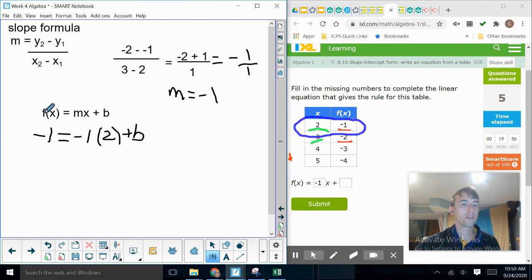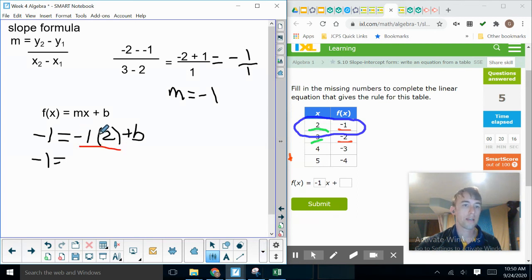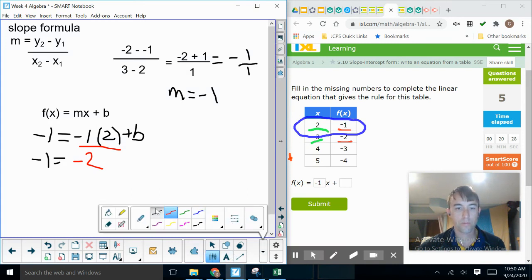We're just using f of x is negative 1 equals m is negative 1, x is 2 plus b. And now I'm going to solve the equation. Copy the negative 1. I'm going to do negative 1 times 2 first. So negative 1 times 2 is negative 2 plus b.